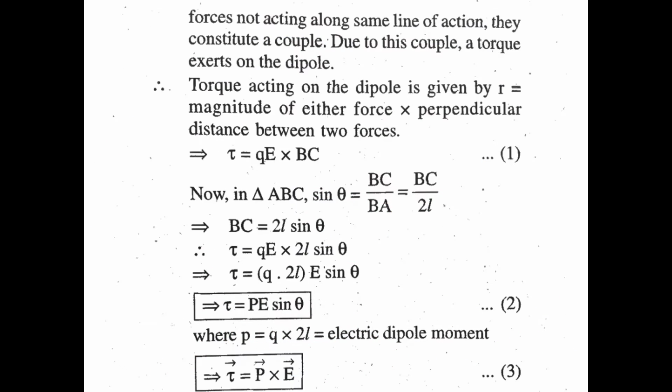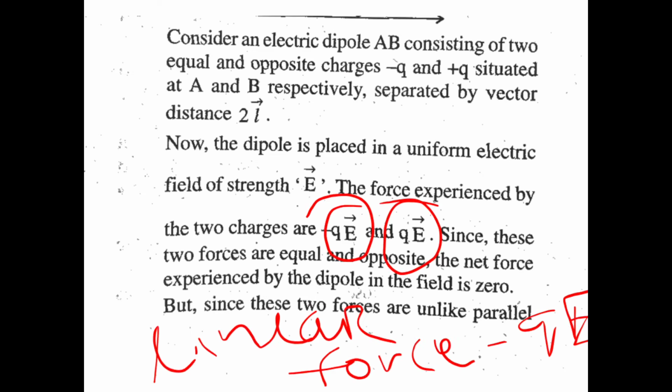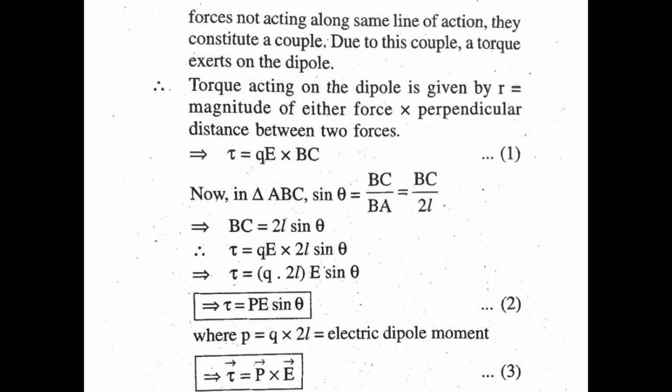So, not acting along the same line of action, they constitute a couple. Because the two forces are unlike parallel forces, they are not acting along the same line of action.